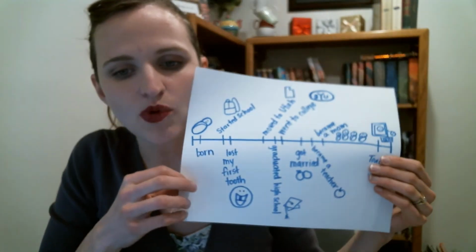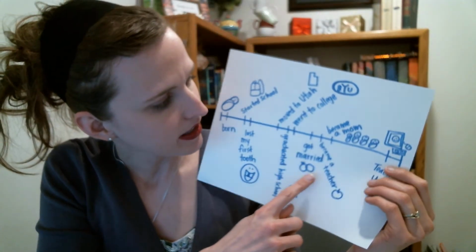Your life won't have things like got married or became a mom because you aren't a mom, right? You're going to write things about your life. So you could write about maybe when you're born, if you've ever lost teeth, any places you've gone, vacations. Maybe you've broken a bone or something really exciting's happened.